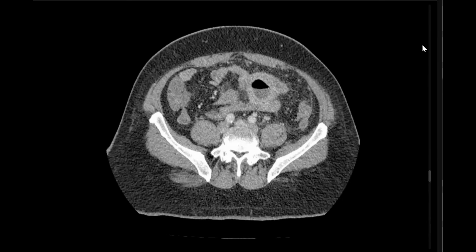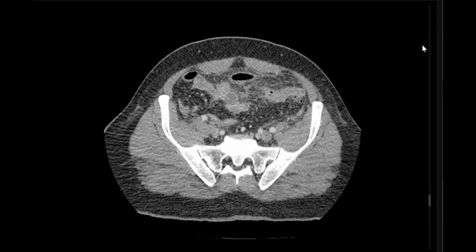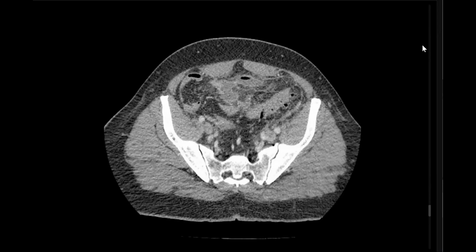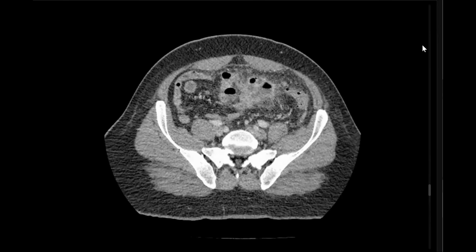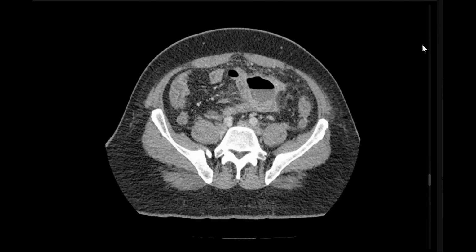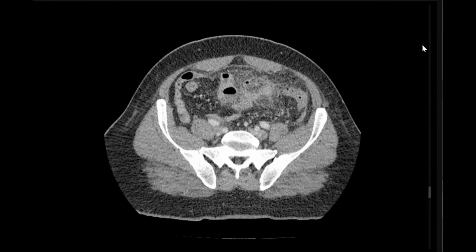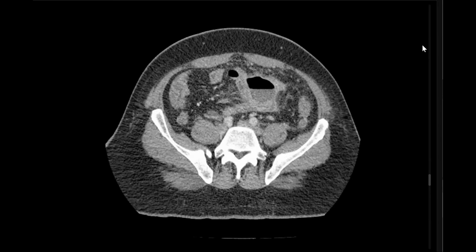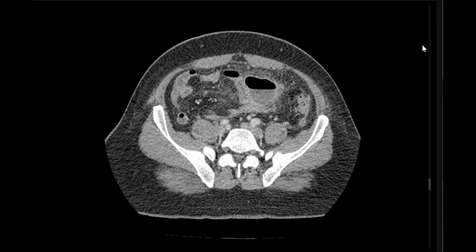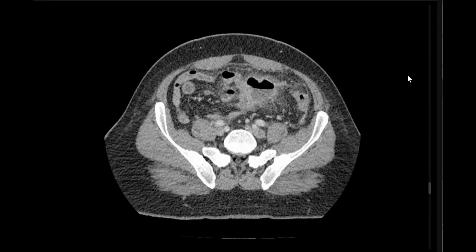As I scroll through the images, I can see there are multiple air-filled diverticular outpouchings of the sigmoid colon. I can also see a large fluid collection with air-fluid level and peripheral enhancement in the related part of the mesentery.